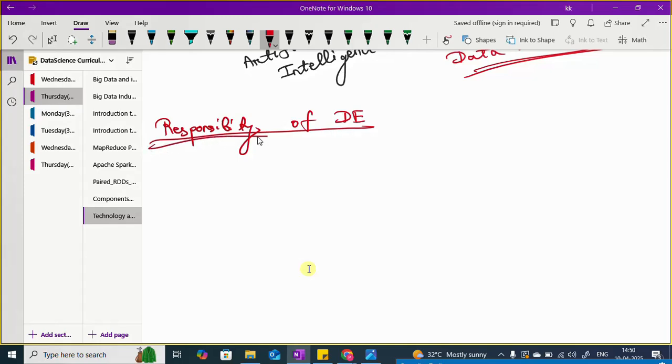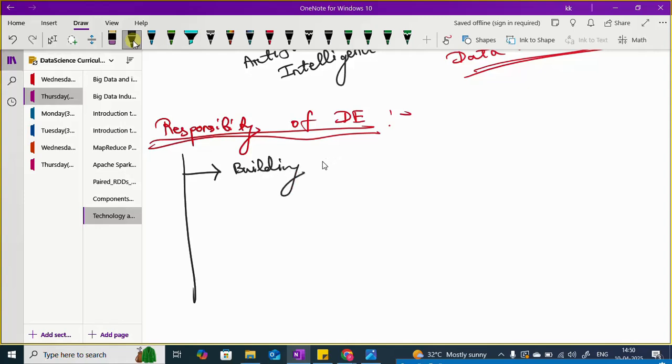First and foremost thing, what they will do: building data pipeline.